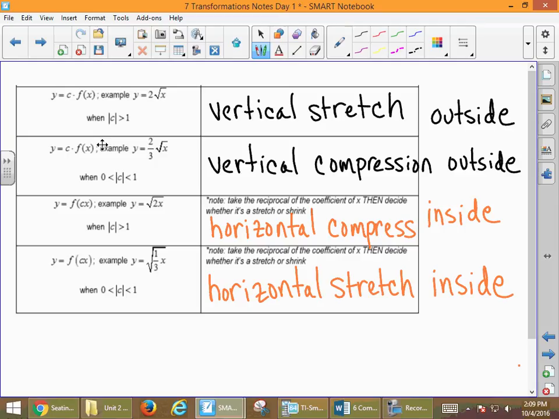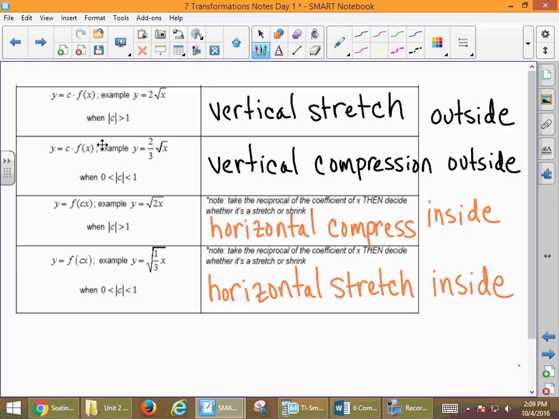We had a fraction inside the function and it actually stretches the function. But there's your chart there, and if you have a chart from Algebra 2 that you remember, this is still the same chart, same order. We might have written it a little bit simpler last year in Algebra 2, but it's the same chart.